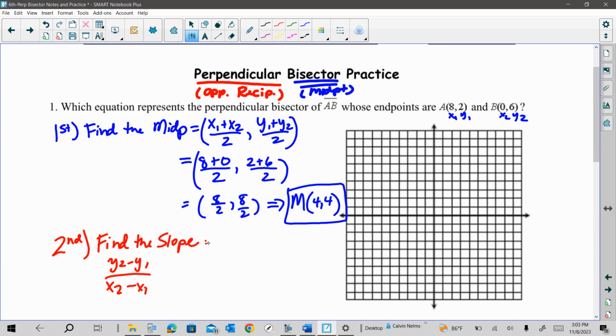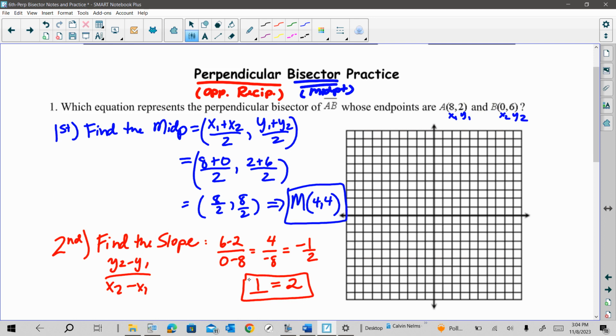So if I'm doing the slope of AB, this would be (6 minus 2) over (0 minus 8). This turns into 4 over negative 8, which is reduced to negative 1/2. So that's the slope, but we need the perpendicular slope. So the perpendicular slope would be a positive 2.